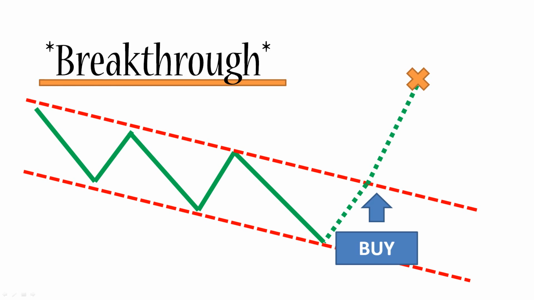So when a channel is quite new, there's more chance that the price will stay inside. When the channel has been around for a while, the chances of the price breaking out are constantly growing. Both strategies are valid. Depends on the situation and what your other technical analysis tells you.